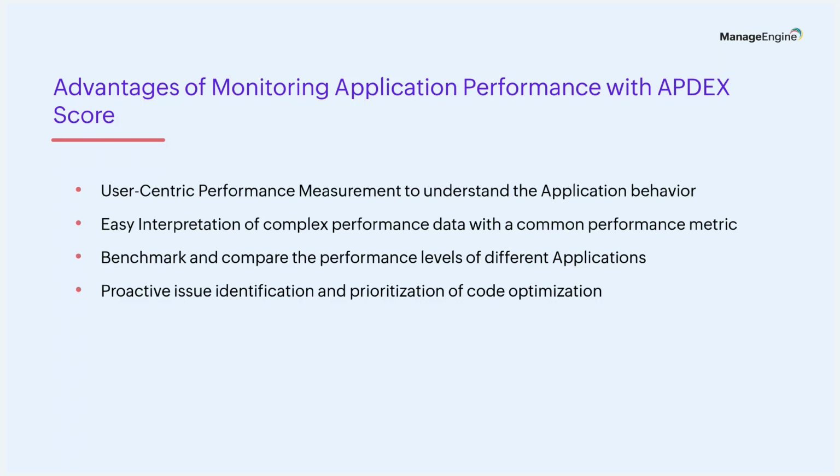So alerts help teams to quickly detect the issues and focus on improving key areas where the users are impacted. Finally, historical APDEX trend data helps you to analyze the performance patterns over time. This makes it easier to track improvements, identify recurring issues, and maintain a consistently positive user experience.